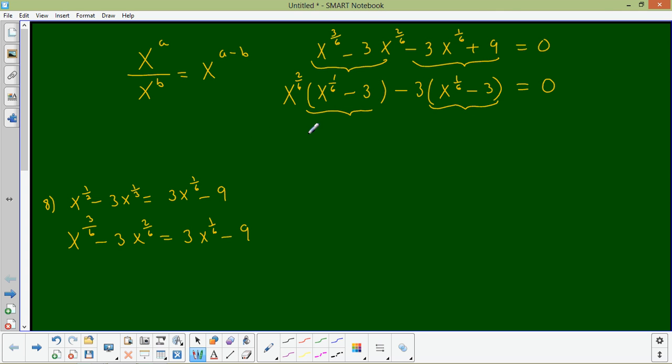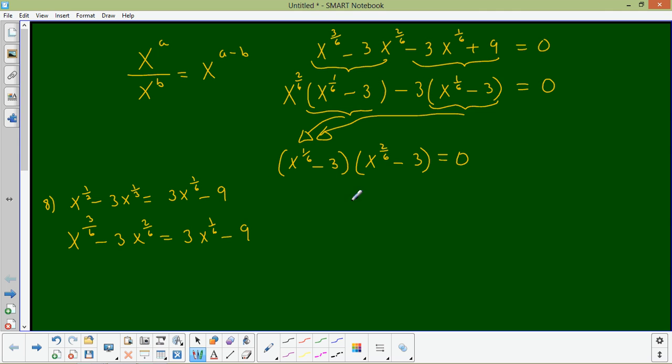So we're going to factor that out of each of these terms. And so we've got x to the 1/6 minus 3, and what's going to be left? The first term is going to be x to the 2/6 minus 3 equals 0.